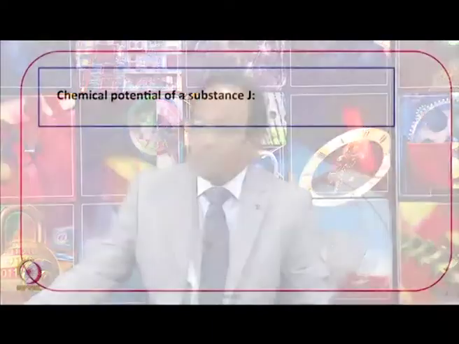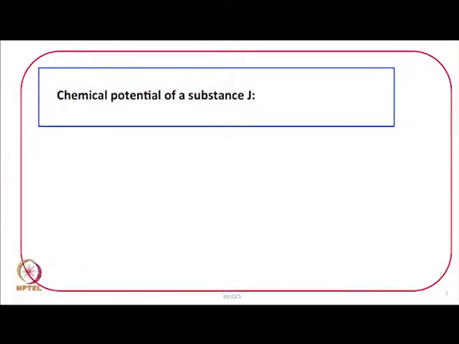The chemical potential of a substance J is defined as the change in Gibbs energy when 1 mole of that substance is added, keeping pressure, temperature and composition of everything else constant.